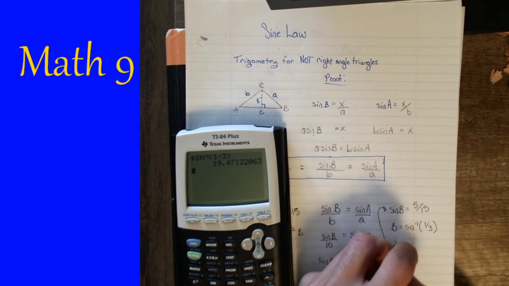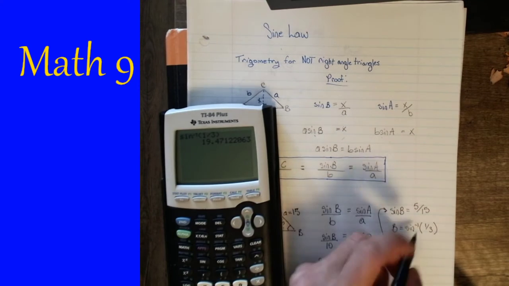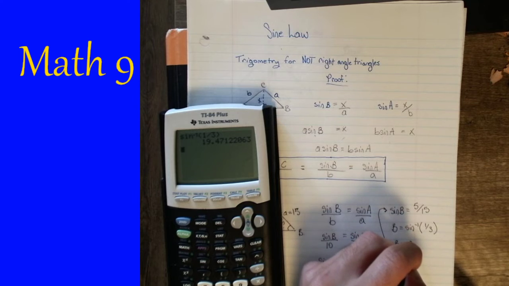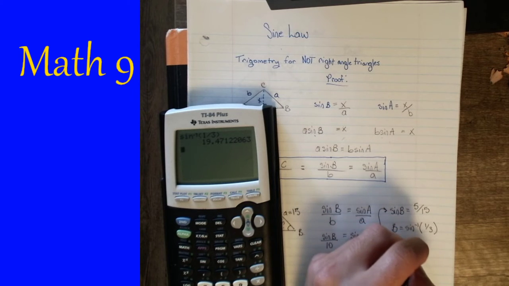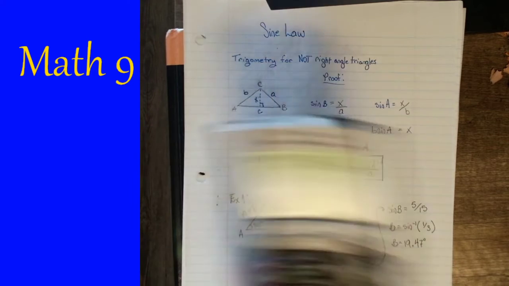So B is equal to 19.47 degrees. Okay, so that is our angle B, and that concludes our first example.